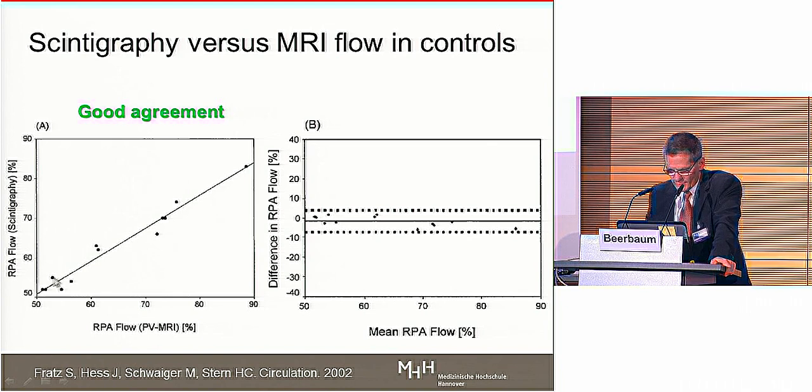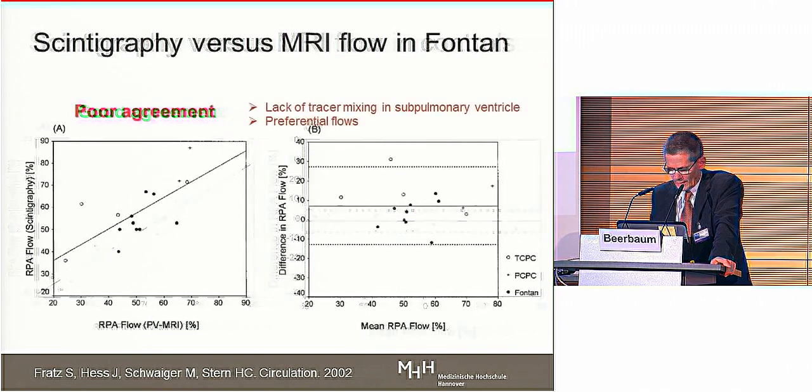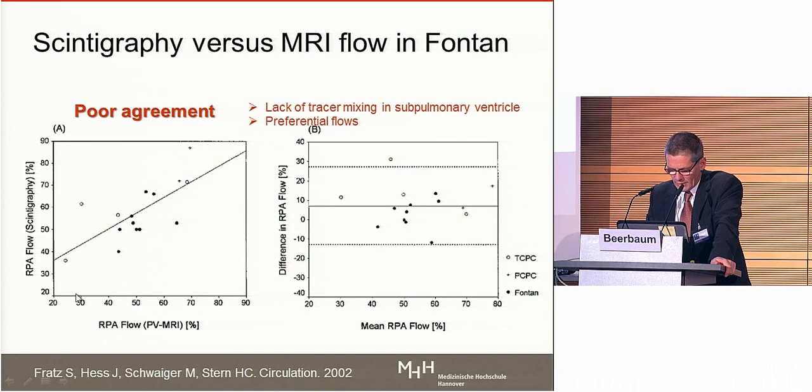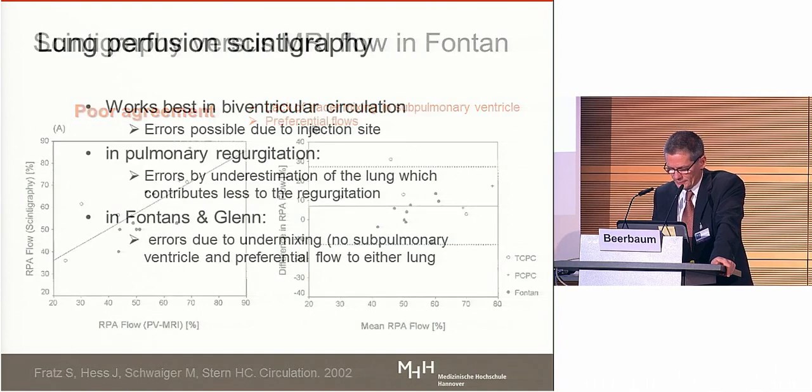you can see there's beautiful agreement between scintigraphy and MRI, as shown by Sohrab Fratz from Munich a while ago. And these are patients from Sohrab again who have a Fontan-type circulation. There you're lacking the subpulmonary ventricle, so the tracer doesn't get mixed, and that leads to a preferential flow abnormality that gives you the impression of an underperfused lung, which actually is well perfused.